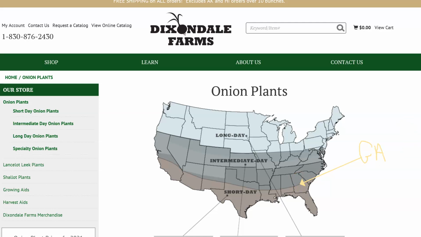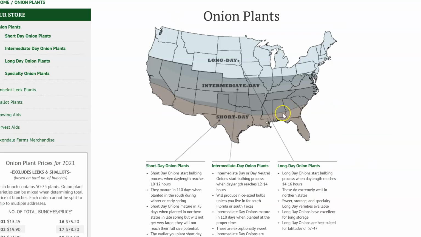I did select the short day variety onions. Here in Georgia there are two regions, but I selected the short day onion plant varieties.